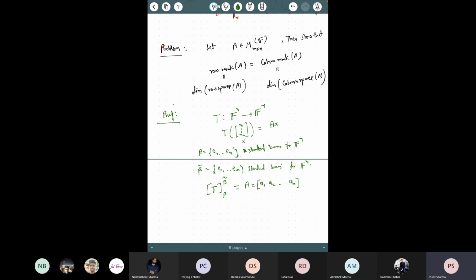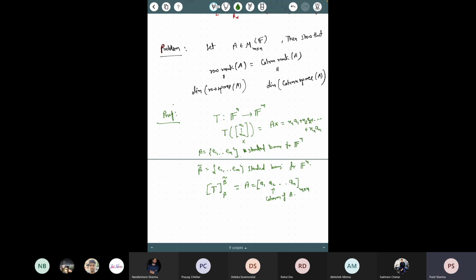So these are the columns of A. Then you can verify that when I say Ax, it is the same as saying x1 A1 plus x2 A2 and so on up to xn An.